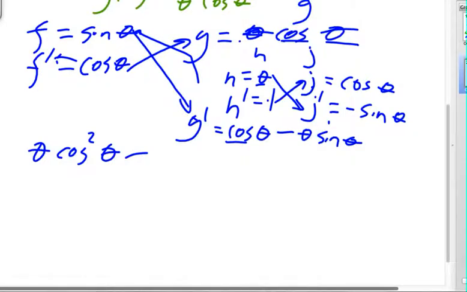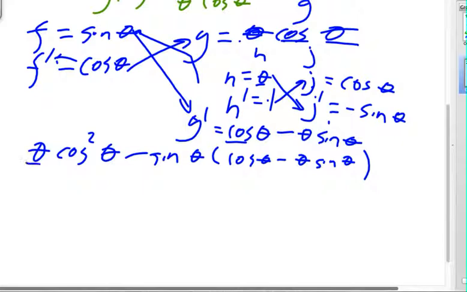So it's going to be minus sine of theta times cosine of theta minus theta sine of theta.